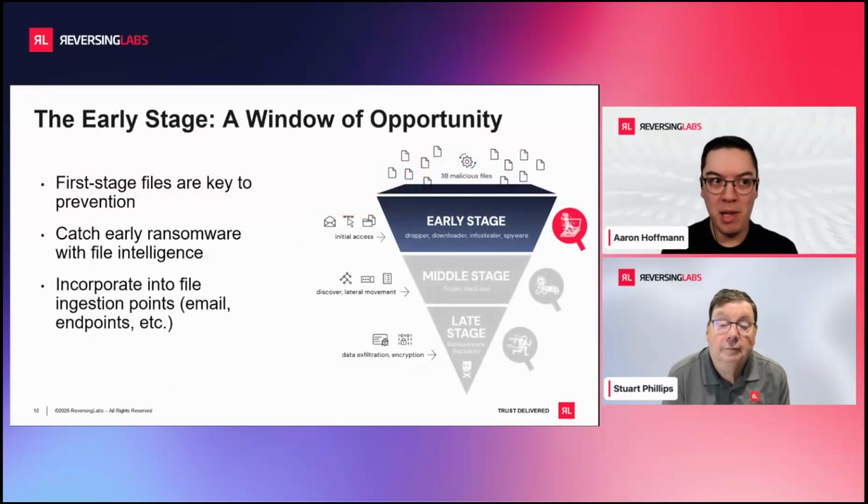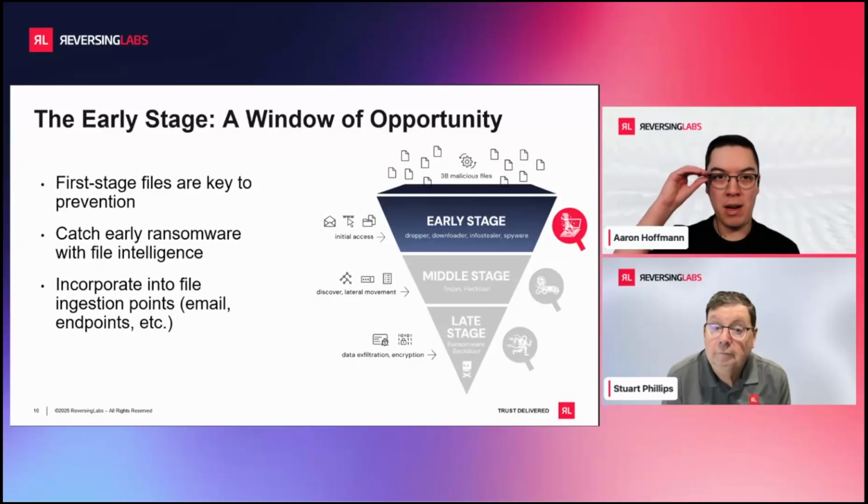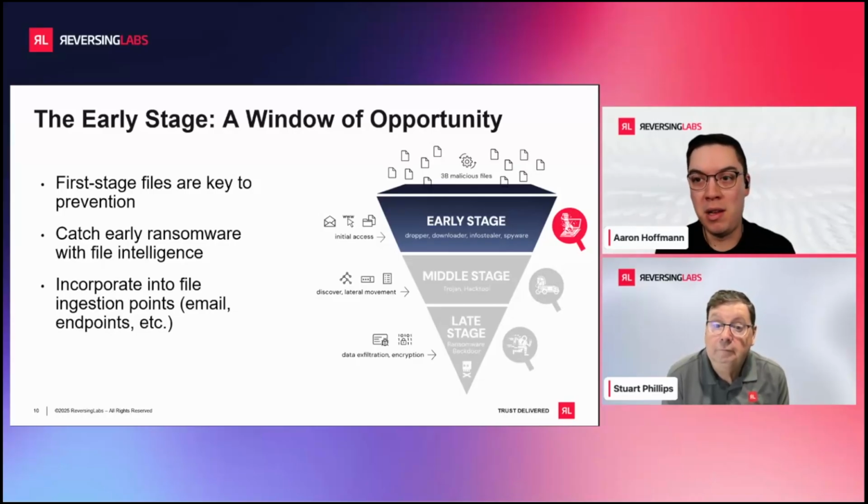Yeah, so kind of keeping in line with the idea of files for this webinar, the topic is ransomware. Now, obviously, the earlier you catch this before it actually generates an impact, the better. And so the way we classify ransomware attacks is in three different stages. You have your early, middle, and late stage.